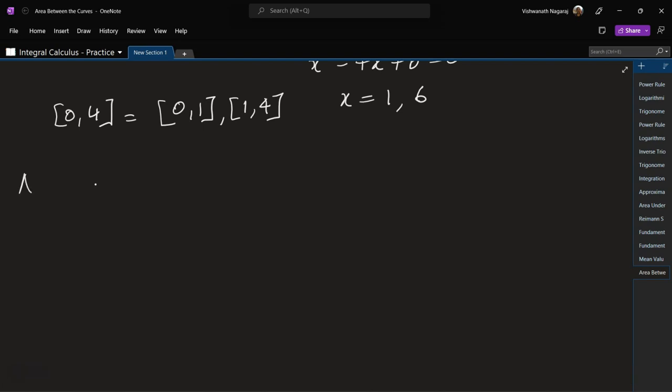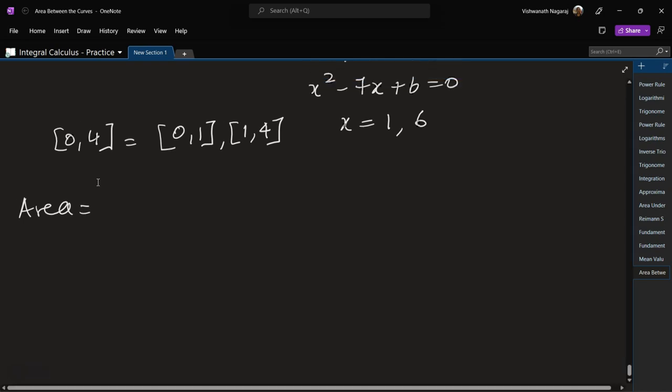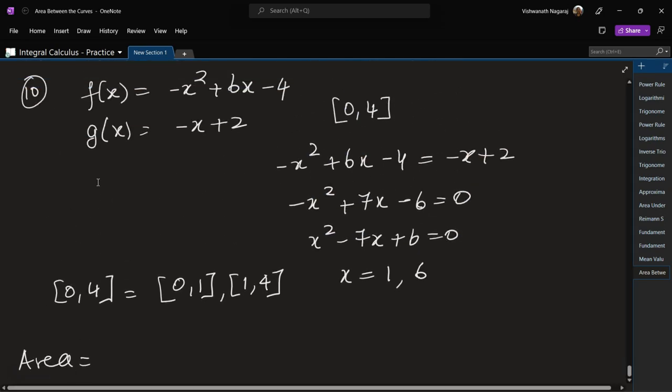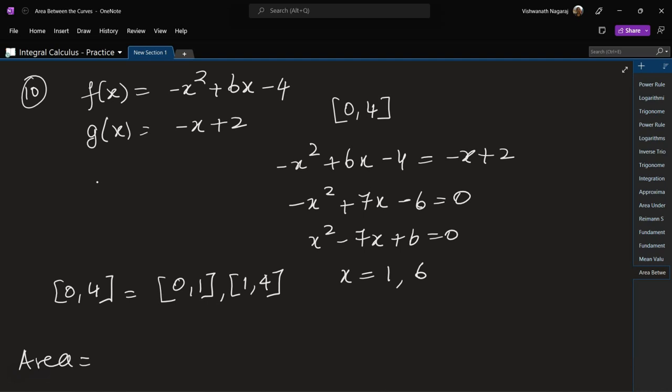Okay, so before we can calculate the area, we have to figure out which is higher and which is lower in these two intervals. So here let us take 1 by 2, and here let us take 2.